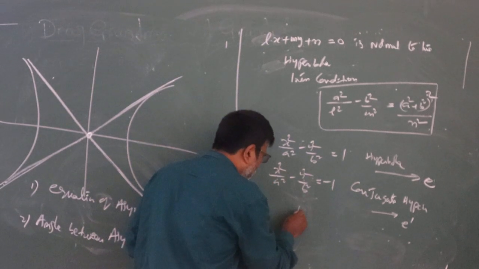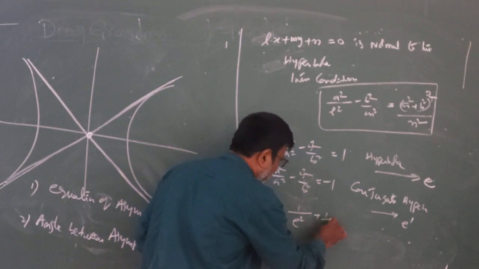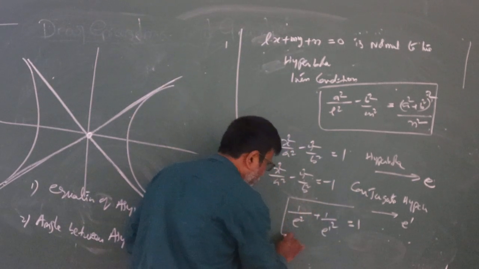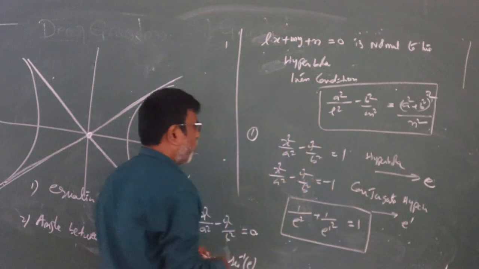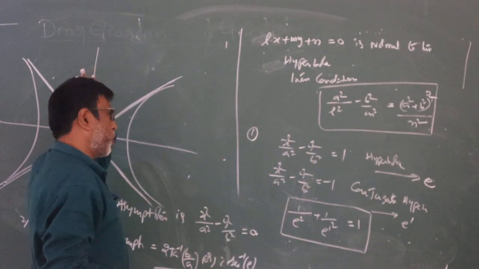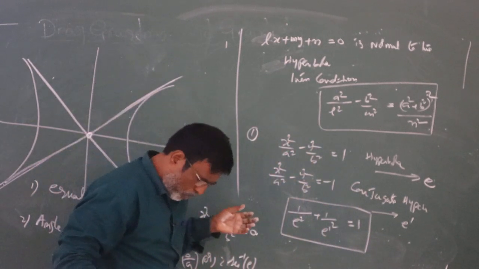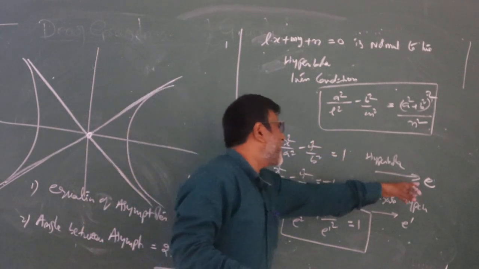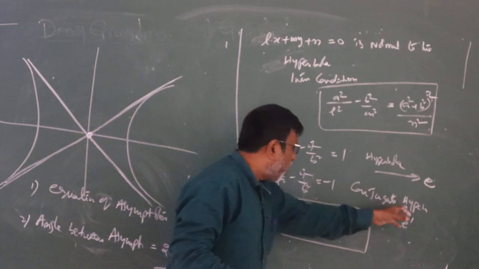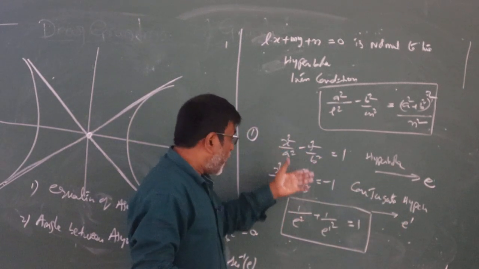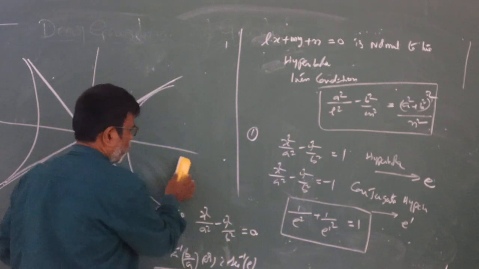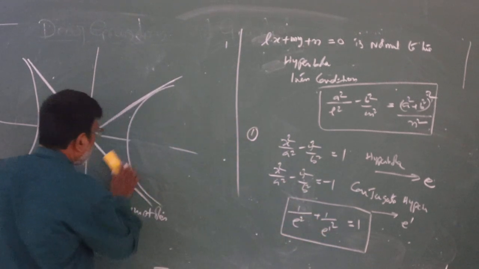The relation between them is 1 by e square plus 1 by e dash square equal to 1. This is the most important formula here, right?